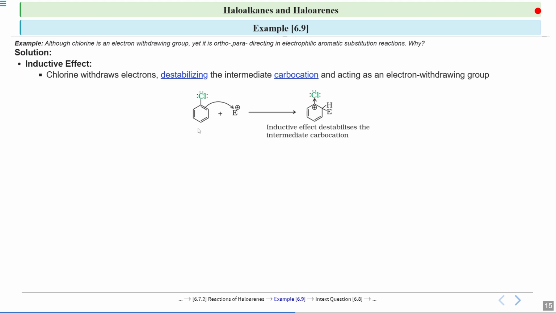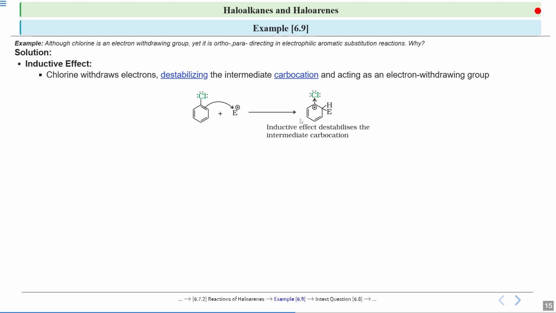So what is happening is that you have this chlorobenzene. Now, when the electrophile is attacking the ortho position of this benzene ring, due to the inductive effect of the chlorine atom, the halogen will withdraw electrons from the ring, destabilize the ring, and destabilize the intermediate carbocation forming.